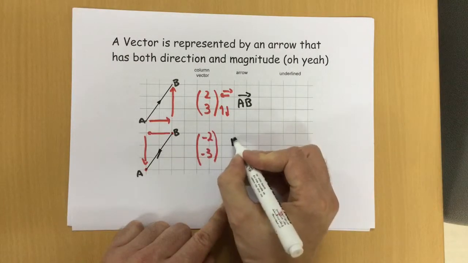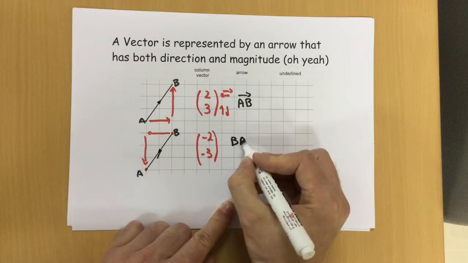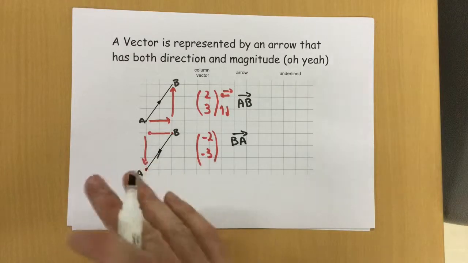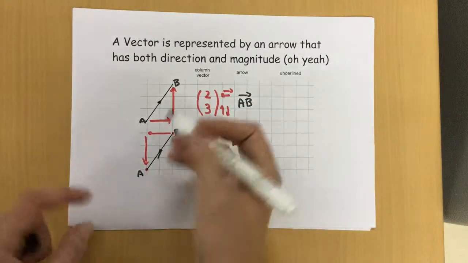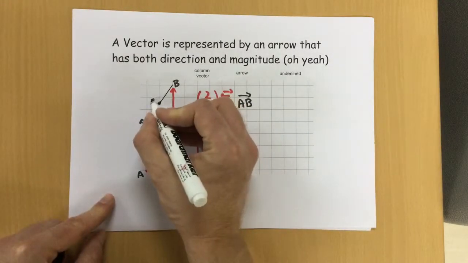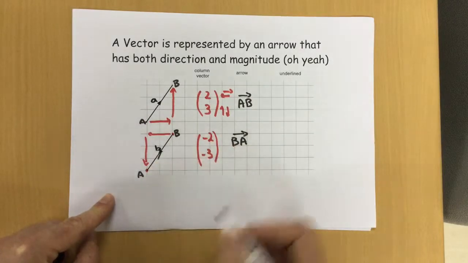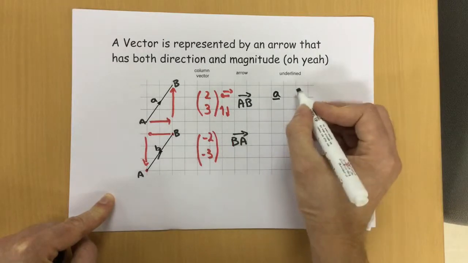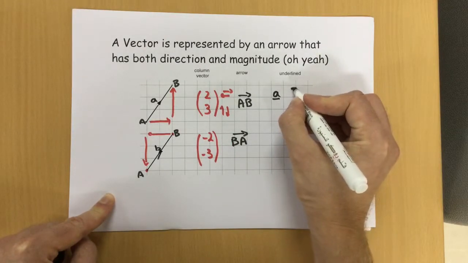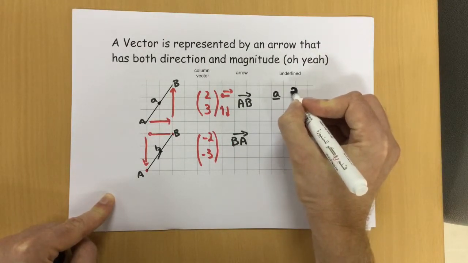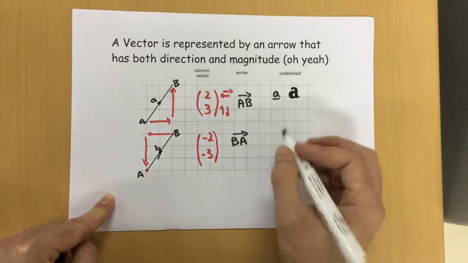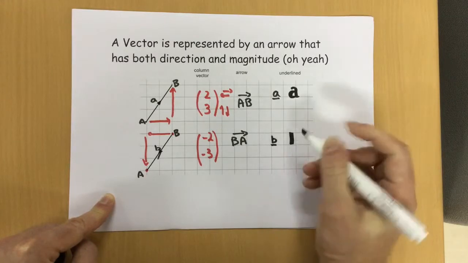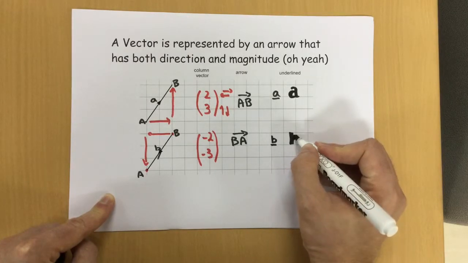So it starts from B, and it's going along to A. The other way you may see it written is I might just label the line and call it line A, line B. So you can either write it as A with an underline, or sometimes they write it in bold. So big, heavy A, or again B could be B, underline, or a nice big bold B.